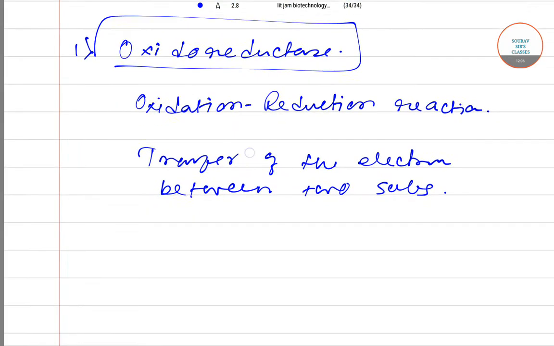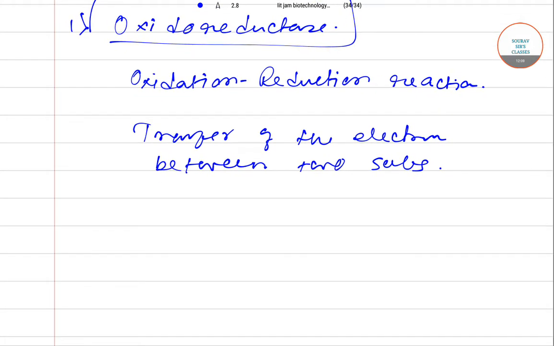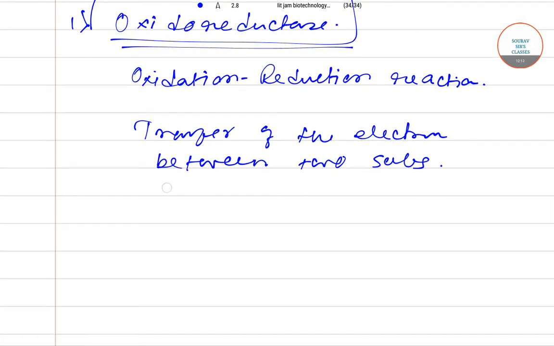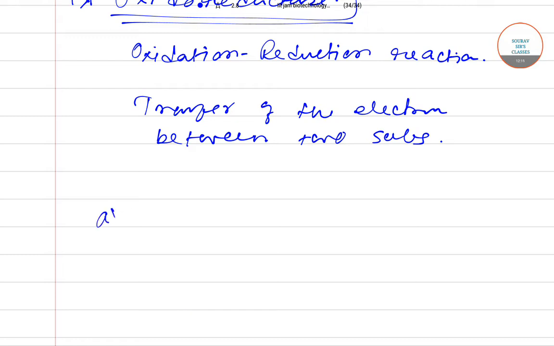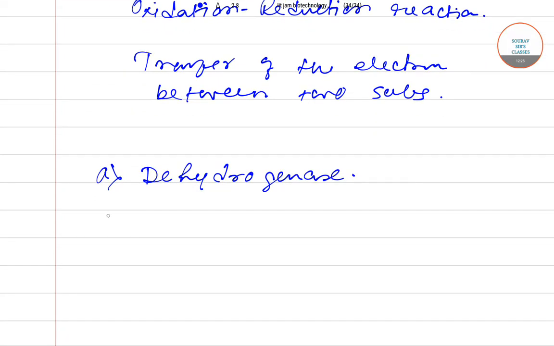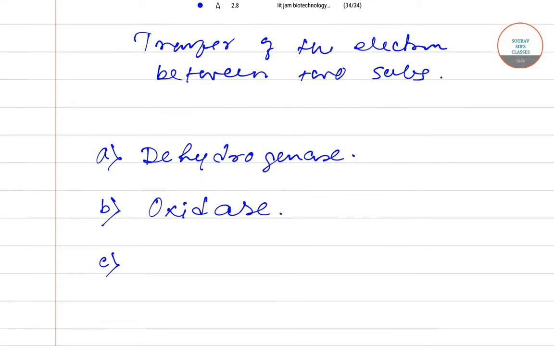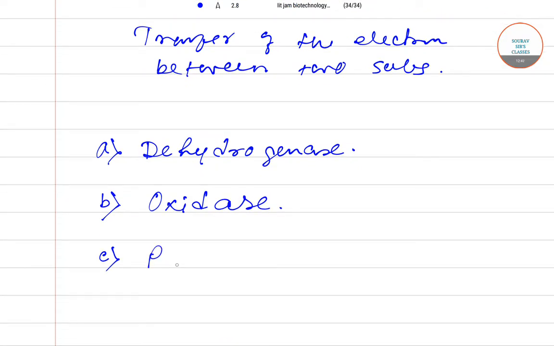Now the major subclasses of the oxidoreductase enzymatic reactions: the first one is dehydrogenase, that helps in dehydrogenation of the reaction, removing the hydrogen part. Second one is oxidase, that helps in oxidation. The third one is peroxidase, that adds a peroxide group.